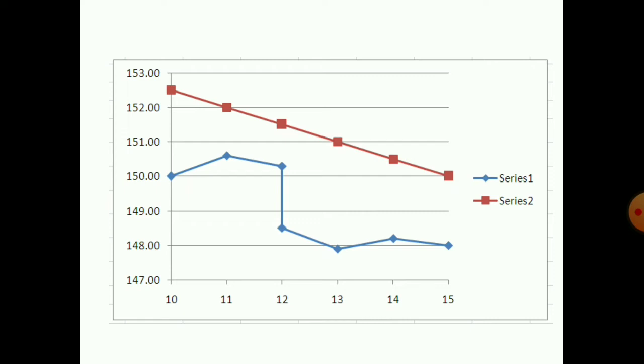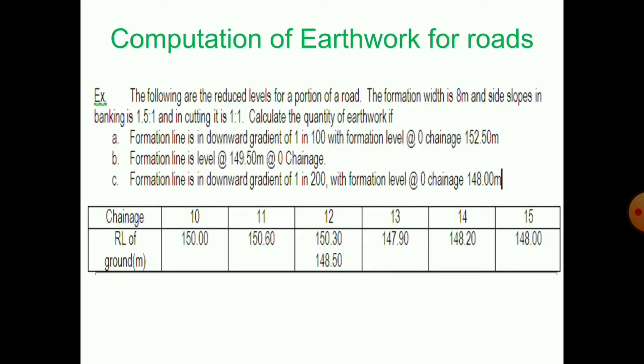The blue line indicates the ground level. First at 10th chainage it is 150 and so on. Here you can notice at 12th chainage on the blue line there is a sharp fall in the ground level. Then the formation line is given as 152.5 at 0 chainage.